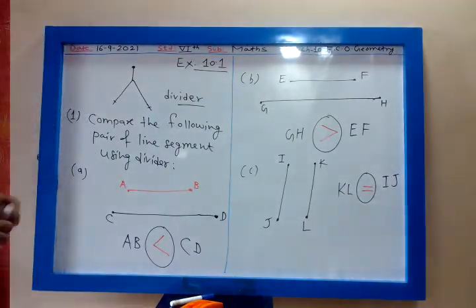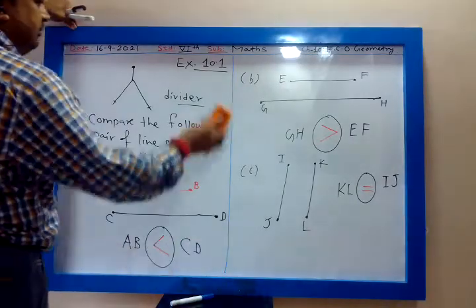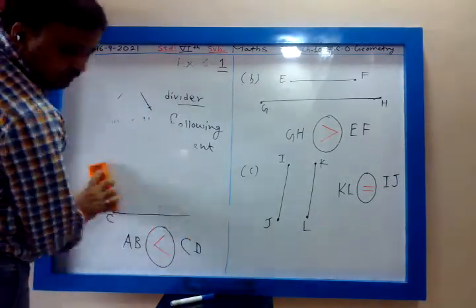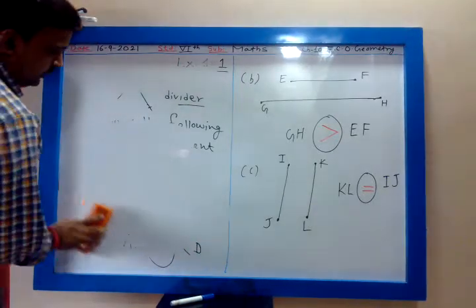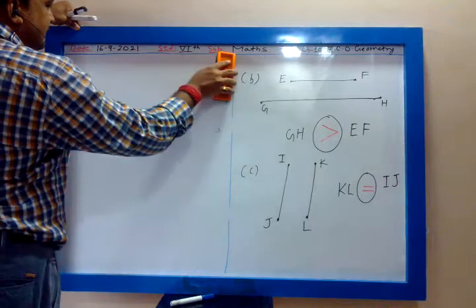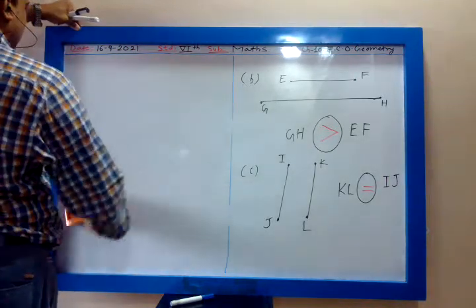Then MNPO. PO will be OP. MNOP. OP will be bigger than MN. Yes or no? You can see the diagram.